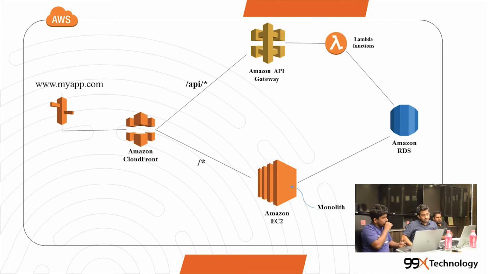Correct. This is much more of a parallel migration, Rumesh. So we do this migration in parallel. We don't limit only this new function to AWS Lambda. We will slowly migrate most of the functionalities from our monolith to Lambda functions.